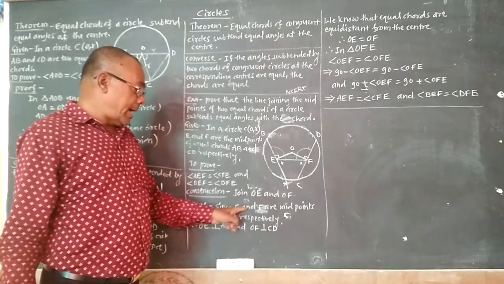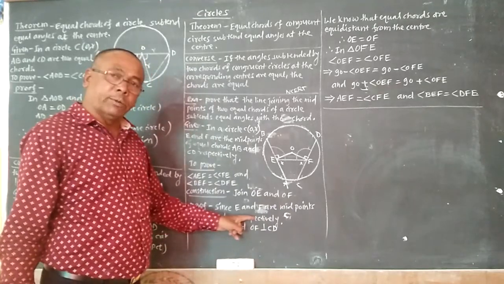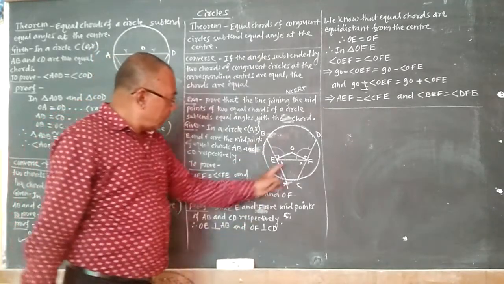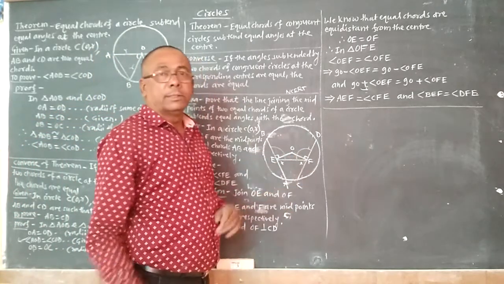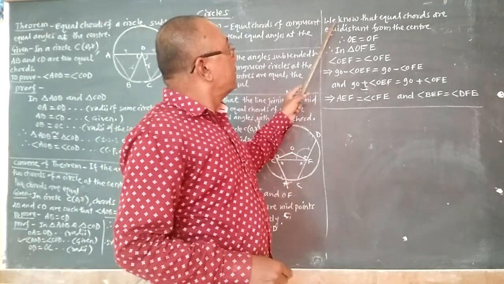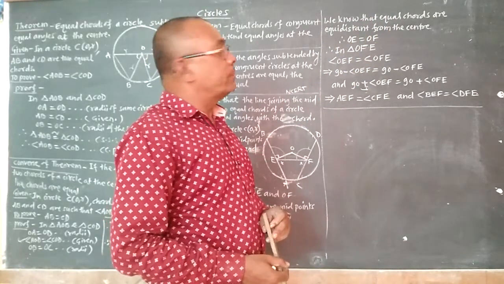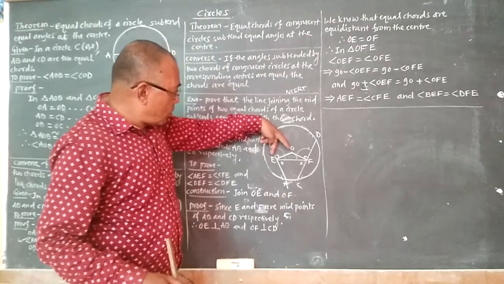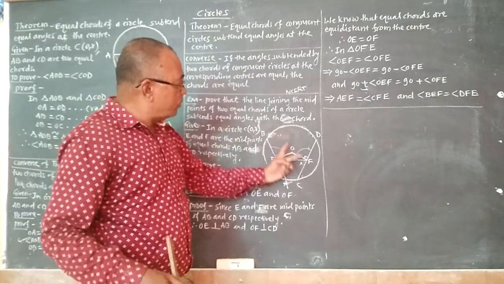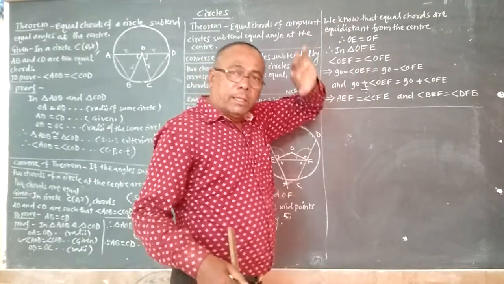Since E and F are midpoints of AB and CD respectively, OE is perpendicular to AB and OF is perpendicular to CD. And again we know that equal chords are equidistant from the center of the circle, that is, OE equals OF.